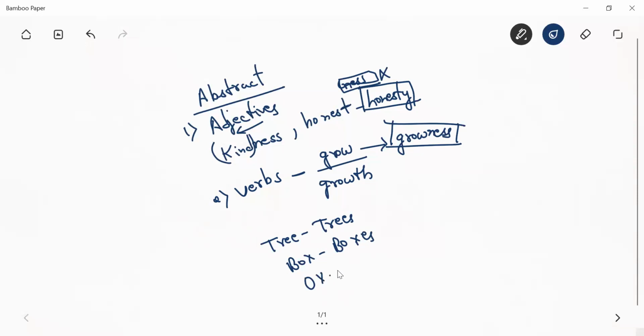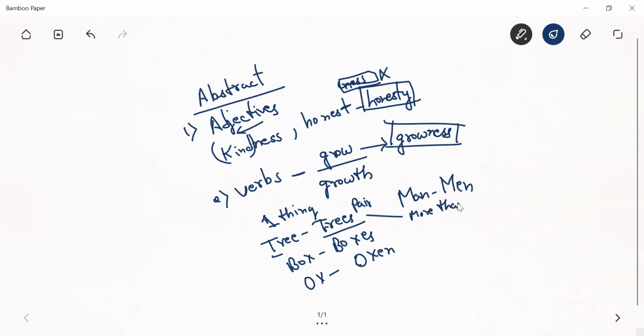Then ox, oxen. Good. Man, men. So when you see the first word, it denotes one thing. The second word, it is a pair, denotes more than one. Trees is more than one.